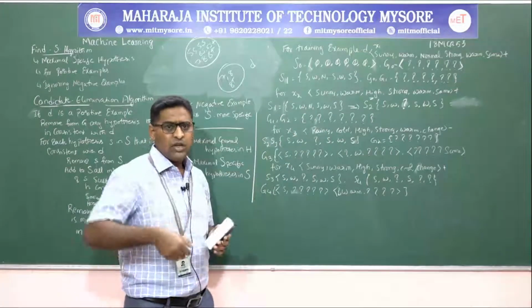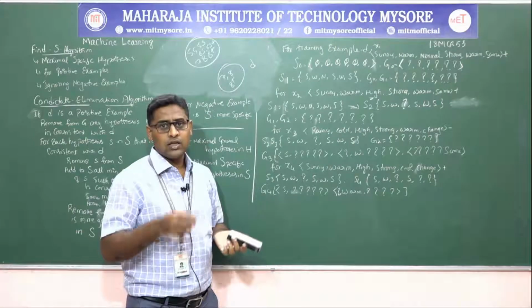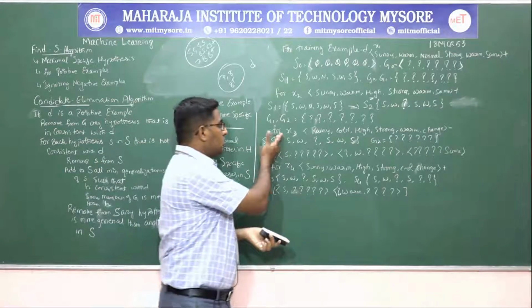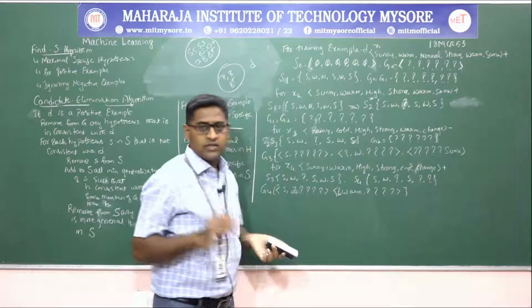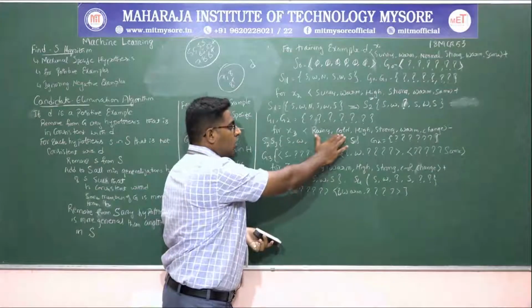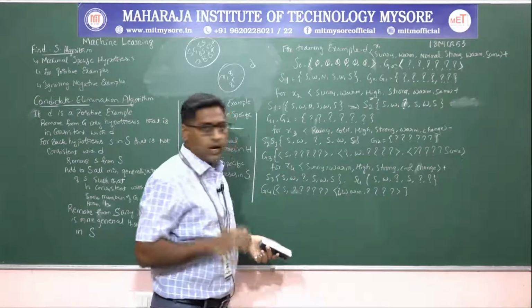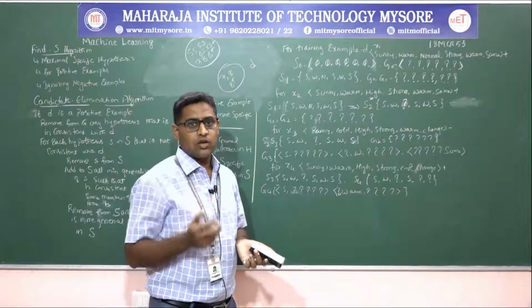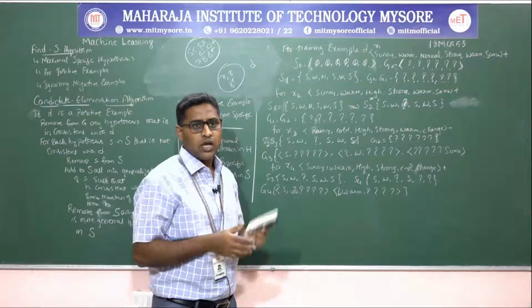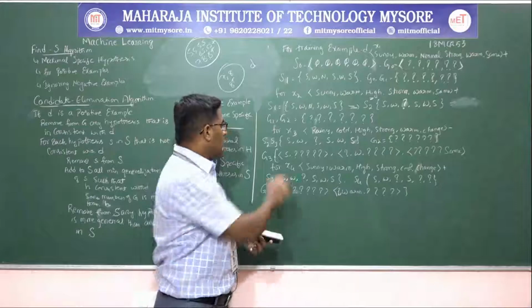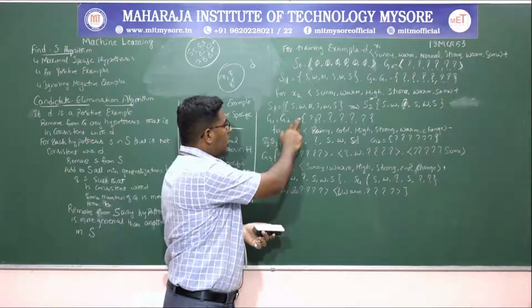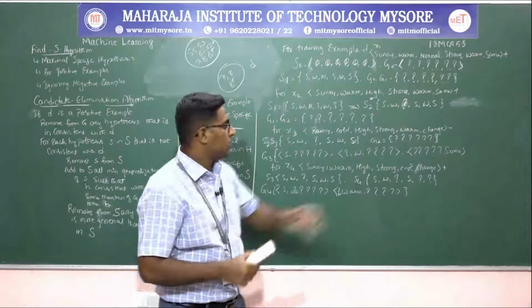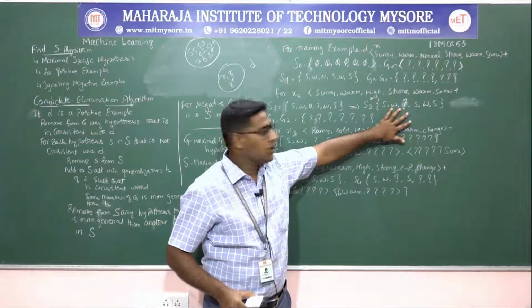Now we consider the third row, that is x3. If you go to the next row, that is the example of x3, x3 is rainy, cold, high, strong, warm and change. These are the values associated with the attributes in x3. Now S2 we have already defined with one change, that is high and normal here.